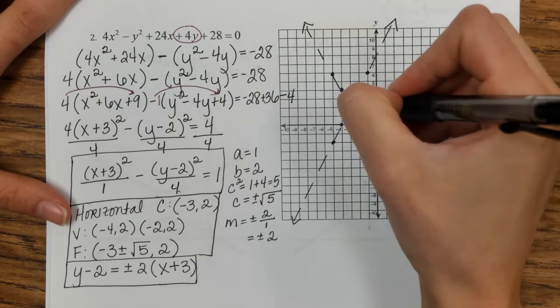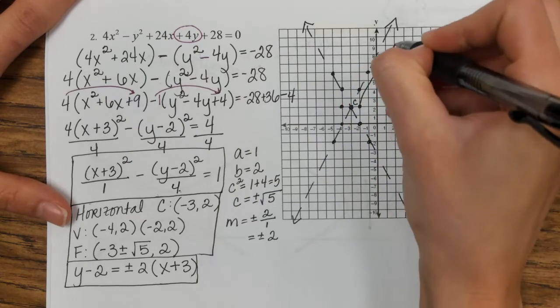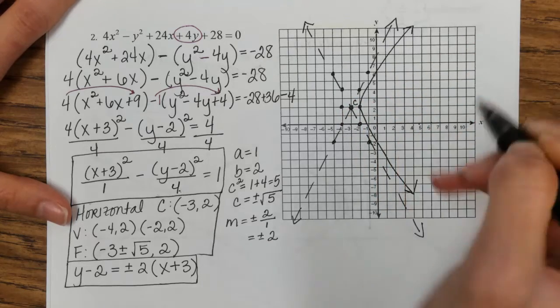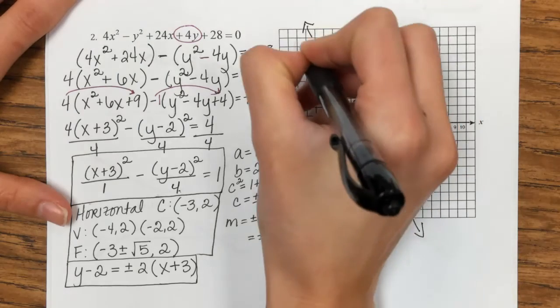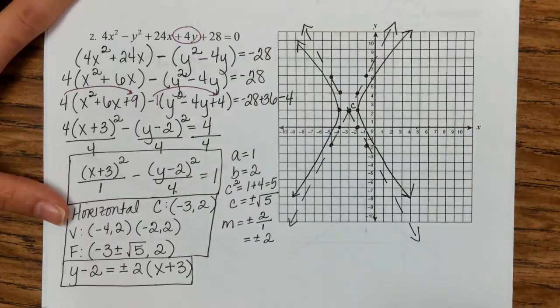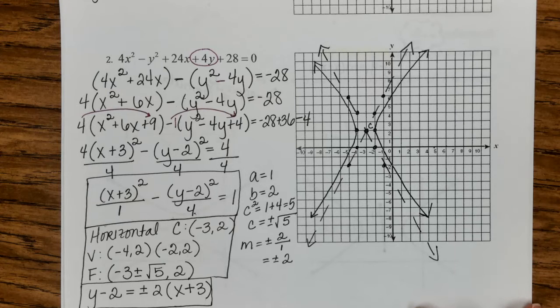Okay, and then I'm going to use those asymptotes to guide my curves. So there's my hyperbola. Y'all good with that?